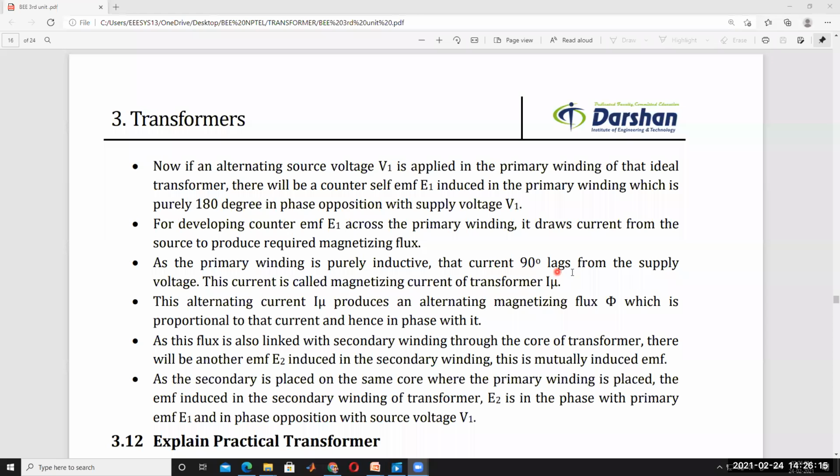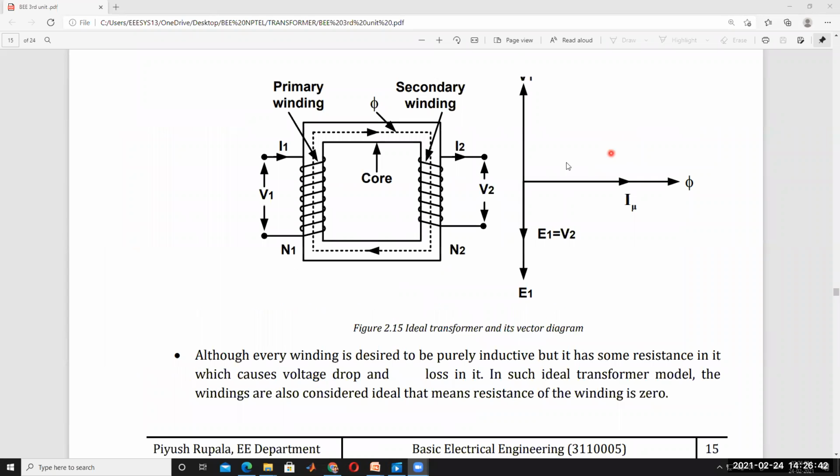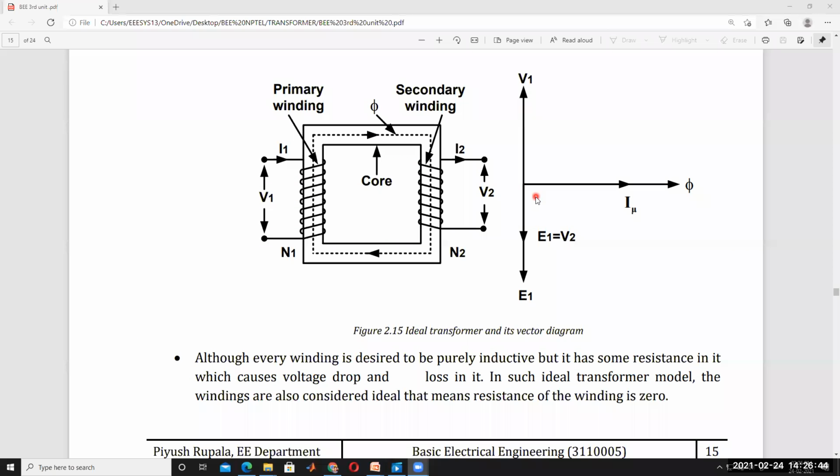You know well that across an inductor, current lags and voltage leads, and across a capacitor, voltage lags and current leads. The transformer winding acts as an inductor, so the current lags the supply voltage by 90 degrees. This is the magnetizing current.